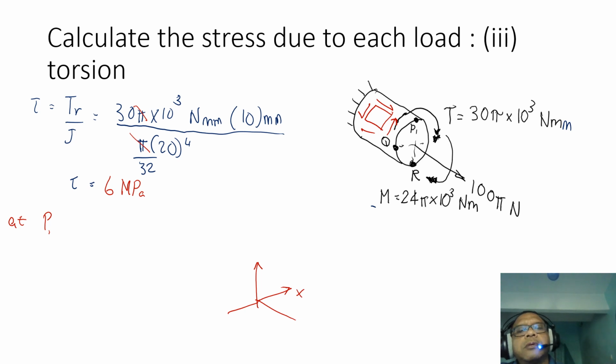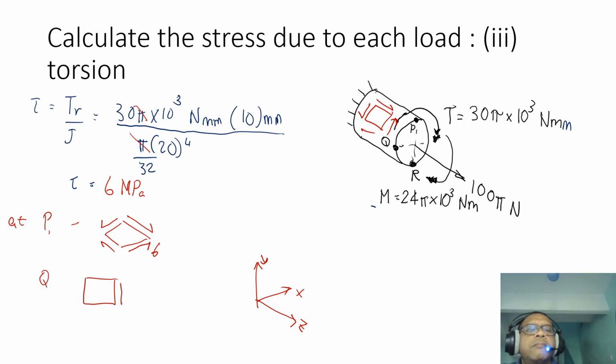X, Y, and this is my Z. Yeah. So at P, tau is 6 megapascal. At Q, also 6 megapascal.